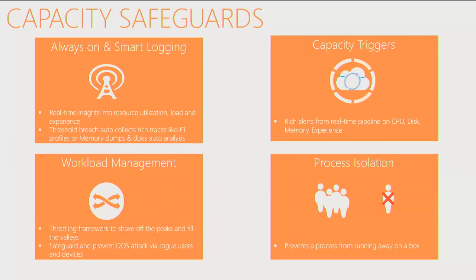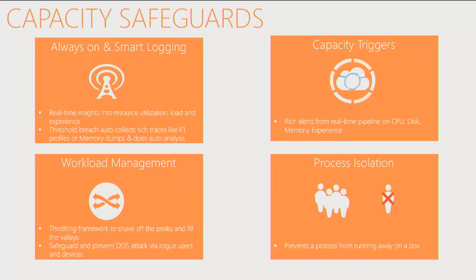The capacity triggers is the next one, the one which I was showing you before. That was one example of a capacity trigger when the CPU threshold was breached. So we have these capacity triggers for all things like CPU, disk, memory, experience, and our on-calls get all those, and the engineering gets a rhythm of those.